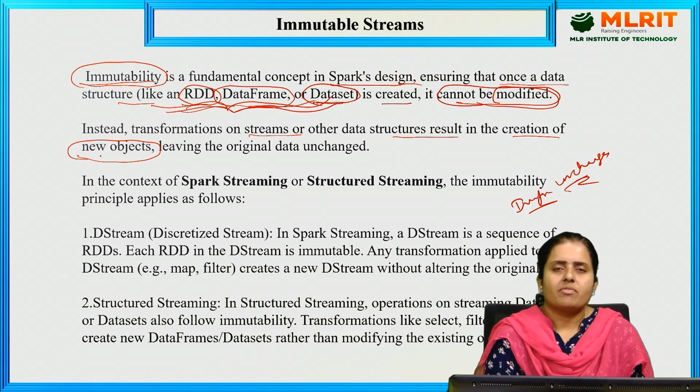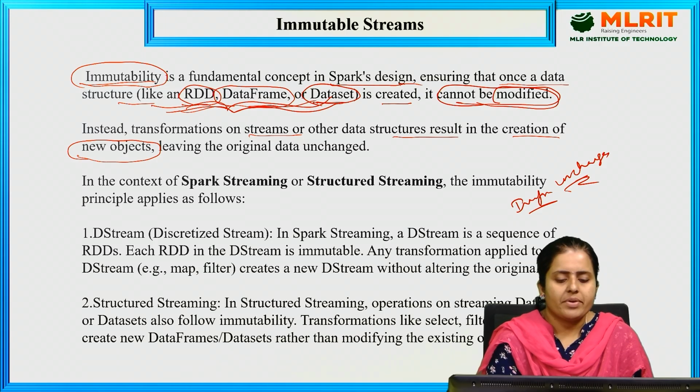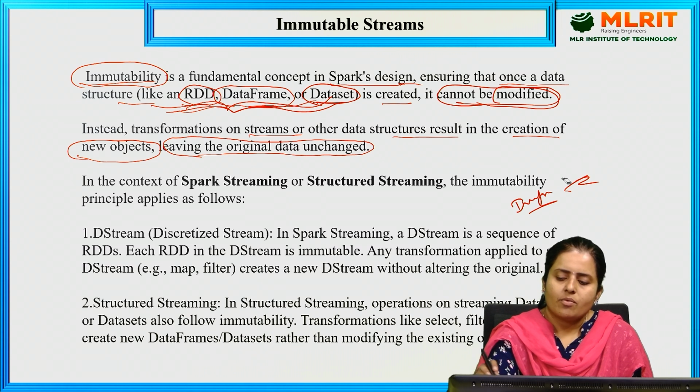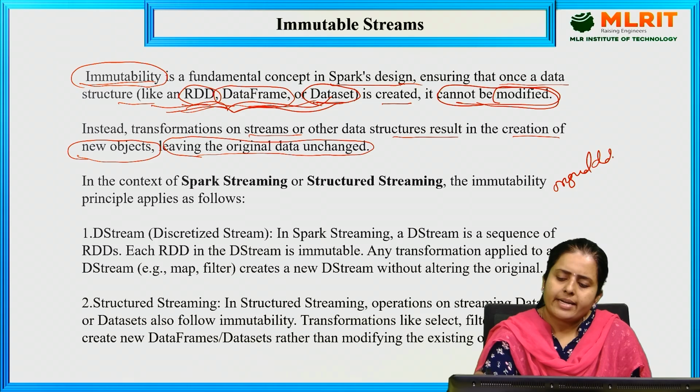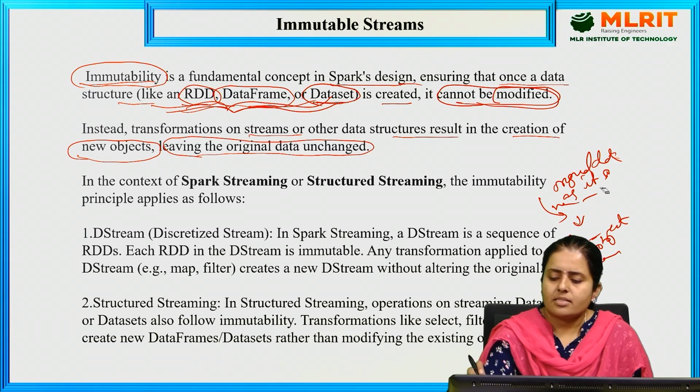Once the transformation functions are applied on these data structures, a new object is created instead of changing the previous data, leaving the original data unchanged. So as a result we may get the original data as it is, and if we ingest any new data into the data stream, it will create a new object instead of changing the existing data.